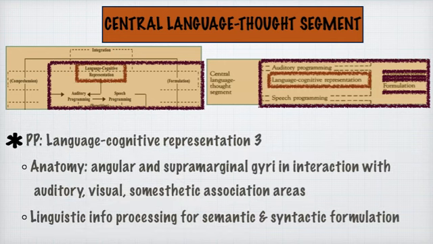This involves, number one, the physical process in formulation, which is again language cognitive representation, same anatomical site, linguistic information processing for semantic and syntactic formulation. Now you're trying to encode, no?